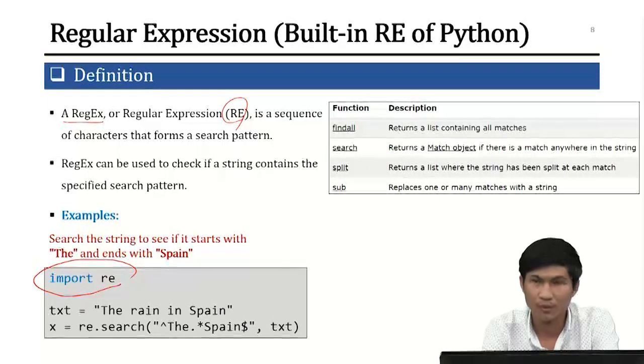And we have the special character $, which allows us to end the sentence with the preceding word, for example the word Spain here. In the middle of the sentence, it can be anything. As you can see in the input text here, we have the rain in Spain. So if we match the sentence, we specify the rule that it starts with the and ends with the word Spain.